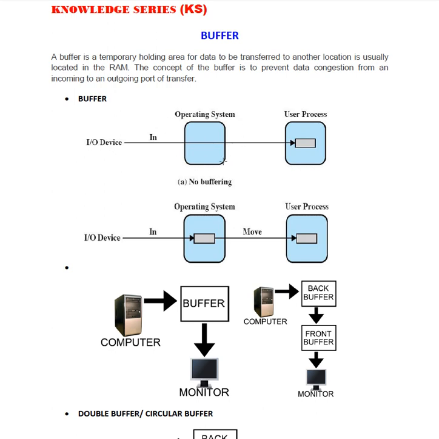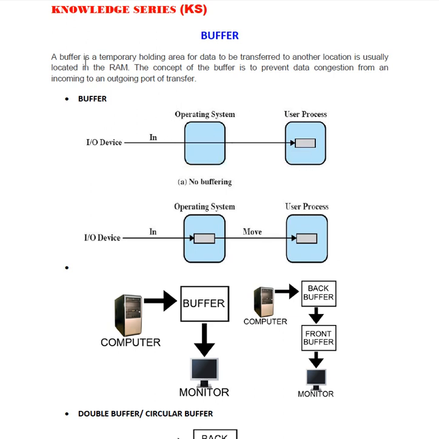Rather, it uses intermediate buffering systems to store the data, and then based on the operating system's requirement, first in first out or any other scheduling mechanism, the buffer can discharge.